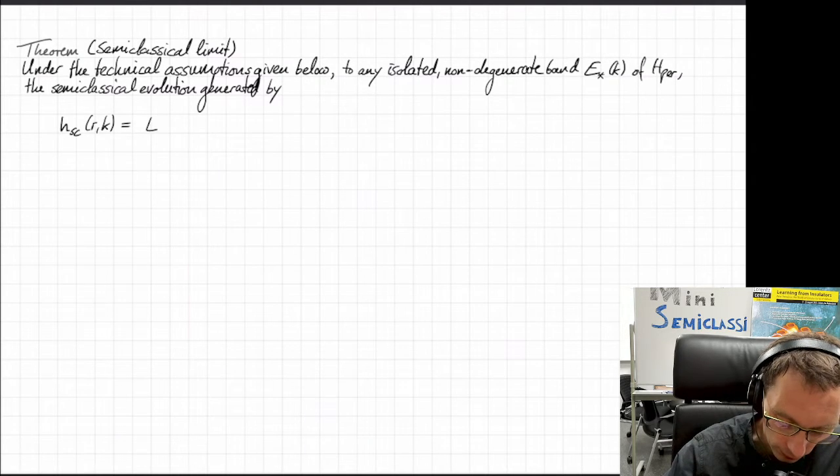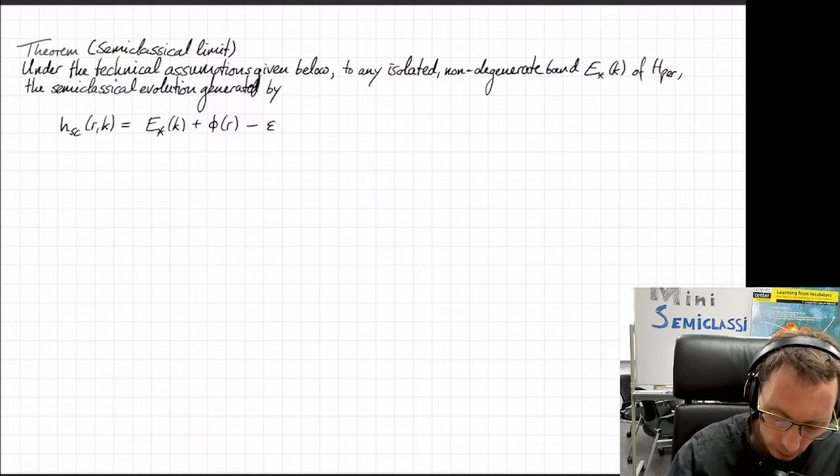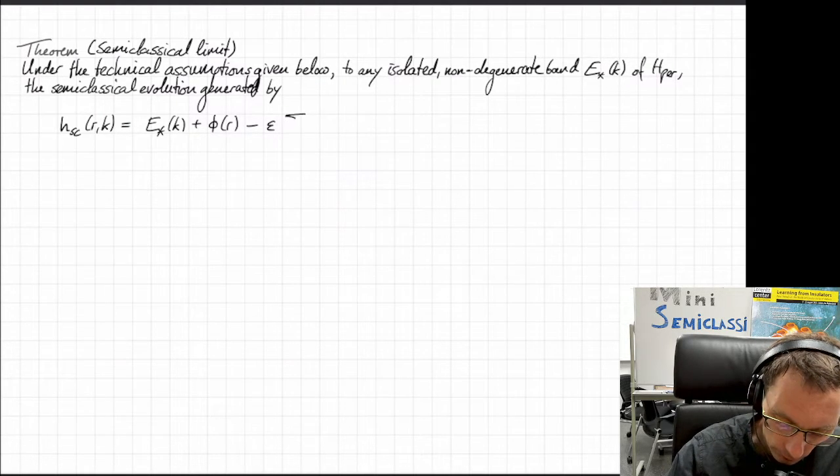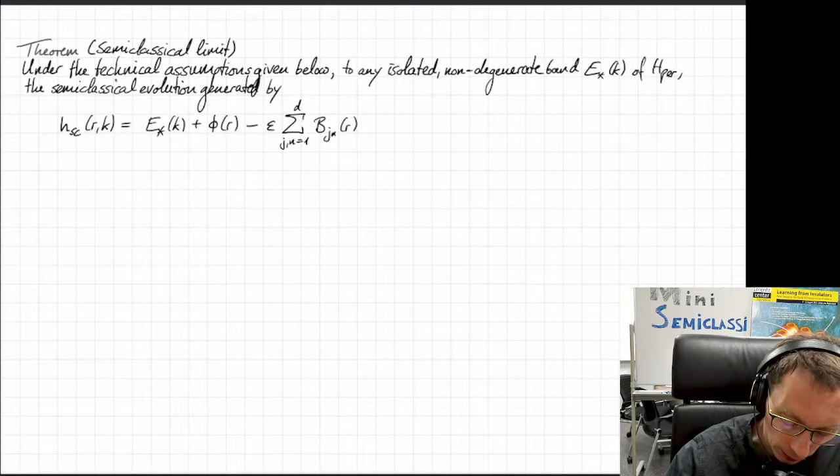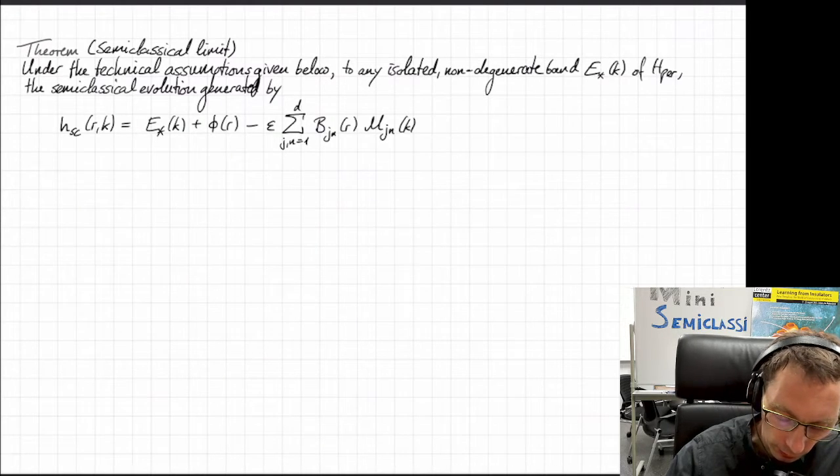So this is E star of k plus phi of r minus epsilon, now we have to sum over all of the indices. So we have to sum over B_jn, the components of the magnetic field, times the components of the so-called Rammal-Wilkinson term.